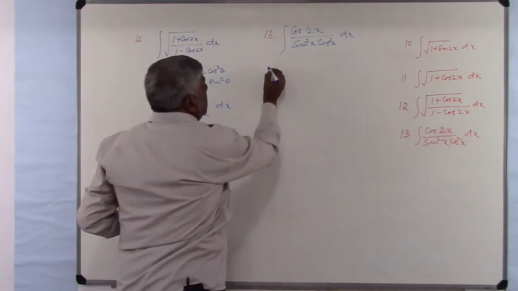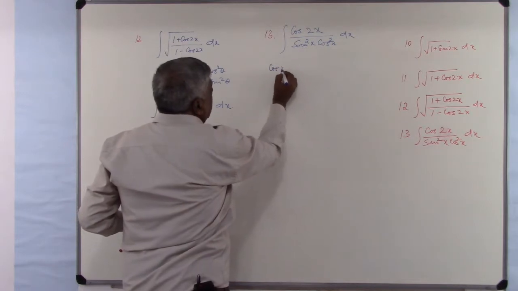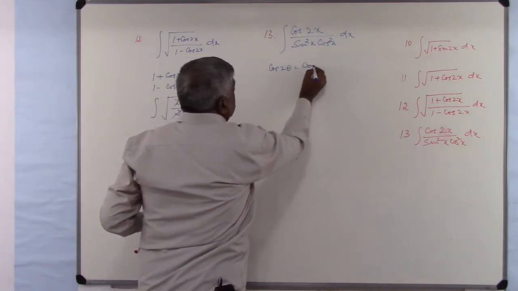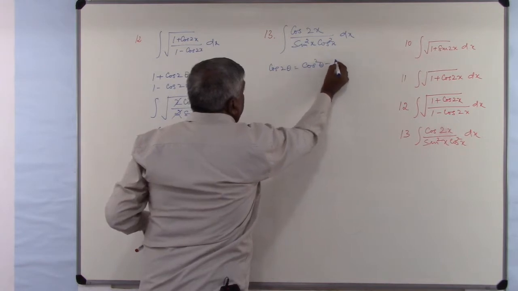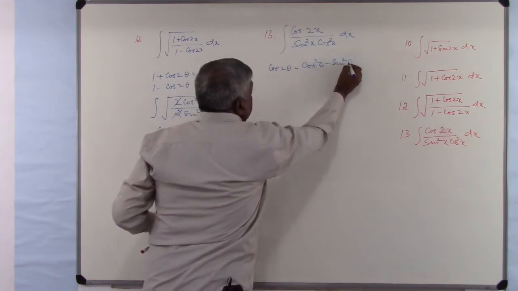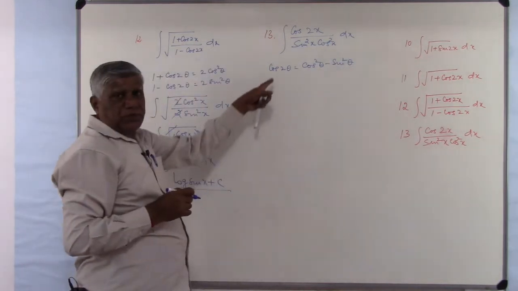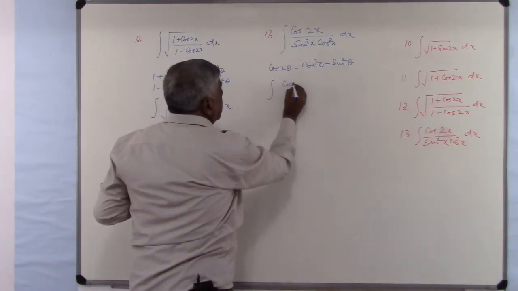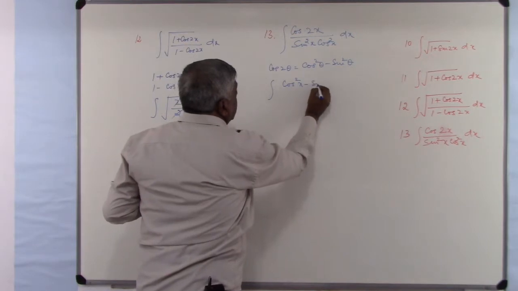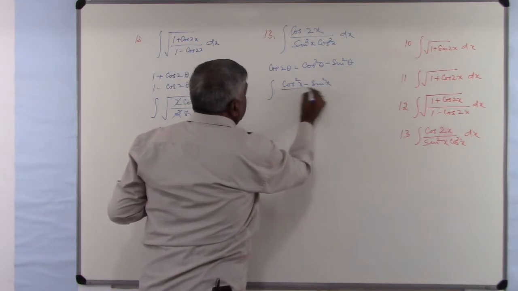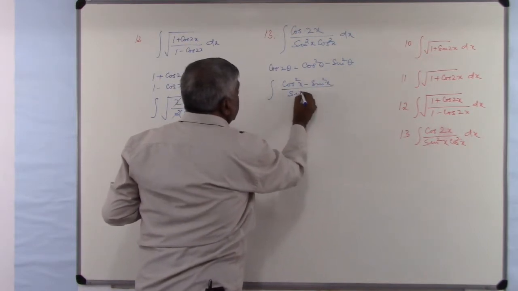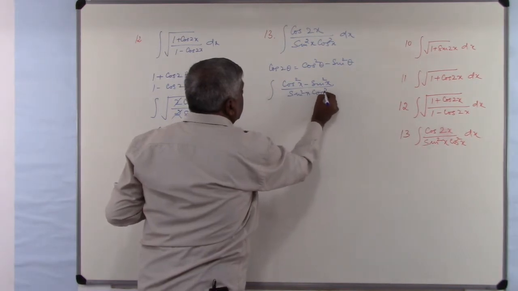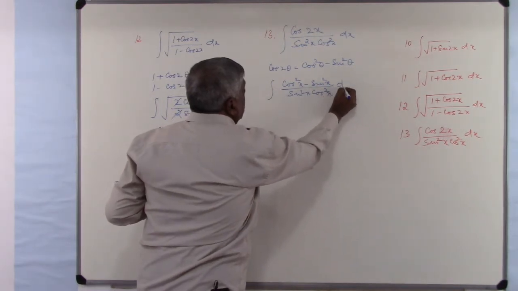Now we know that cos 2 theta is equal to cos square theta minus sin square theta. This is one formula we have. Therefore, I will write here: cos square x minus sin square x divided by sin square x cos square x dx.